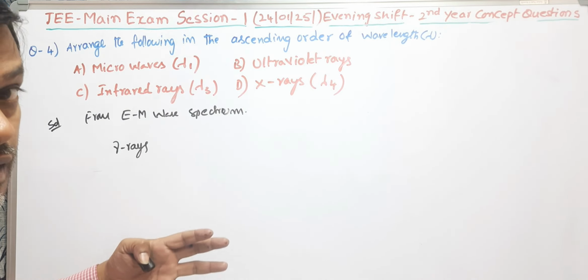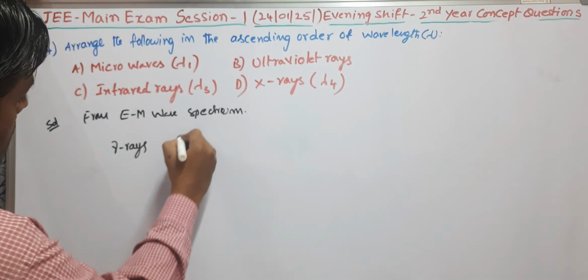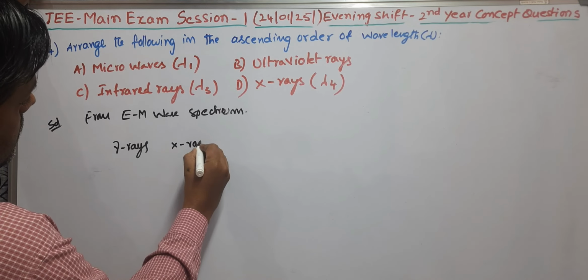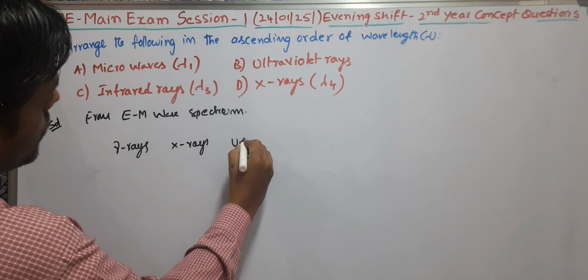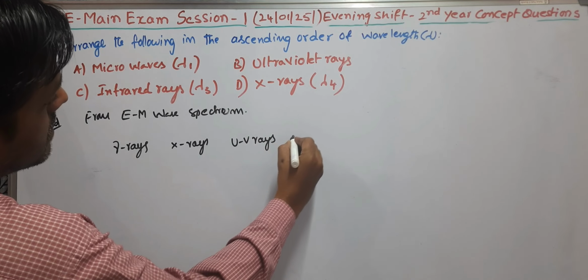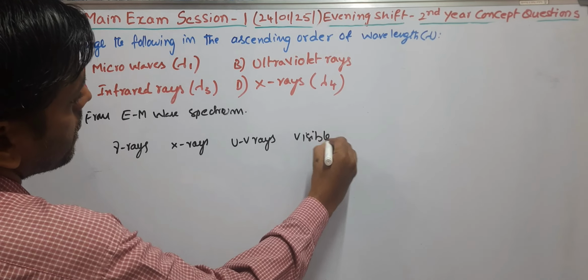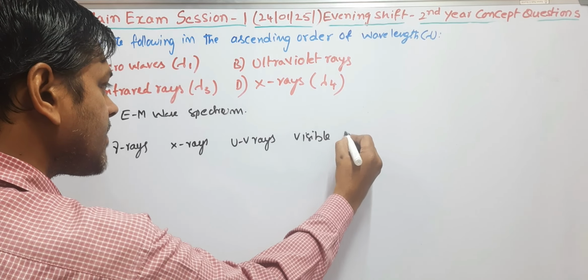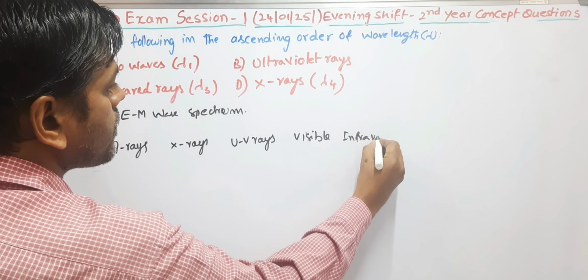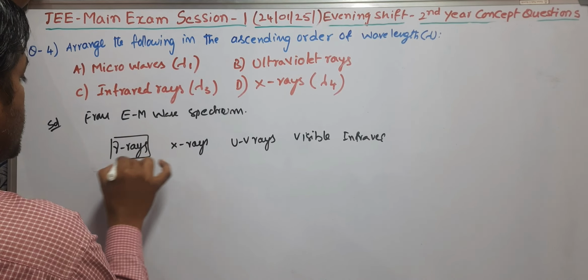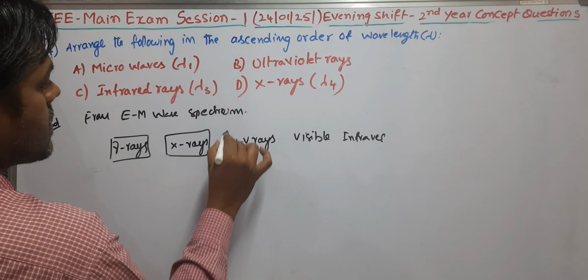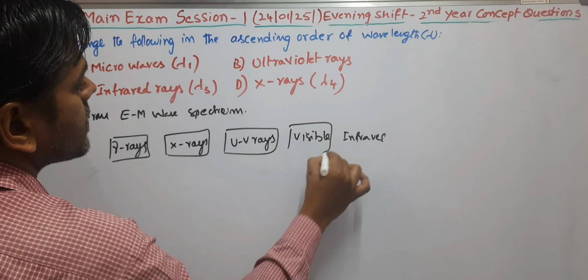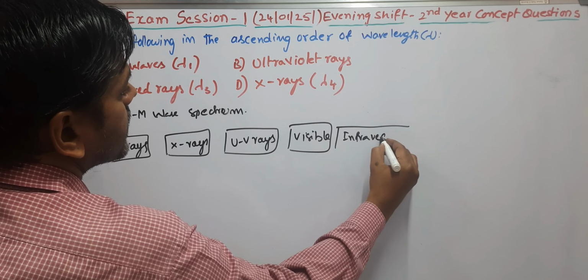Next are X-rays, then ultraviolet rays, then visible, then infrared rays.